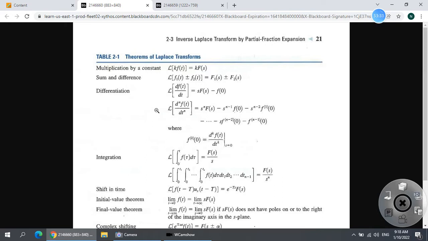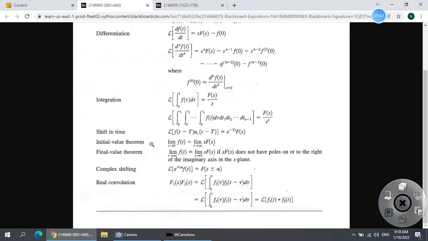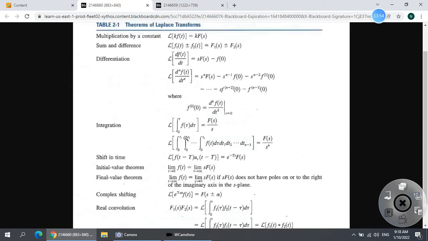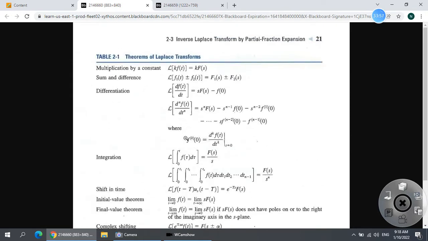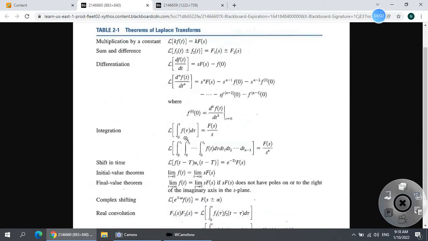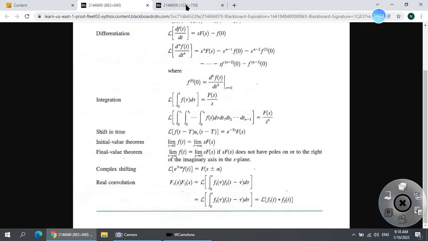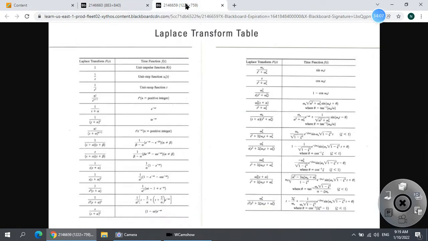And I suggest after the class, you look at this table and read it from beginning to end, one line at a time, and try to understand what they are talking about. Understand all these terms. Understand the meaning. It is not necessary to remember, but try to understand the meaning. And maybe next time I can discuss more about it. This is the first table, and now the second table.